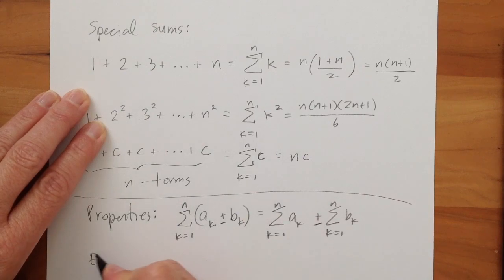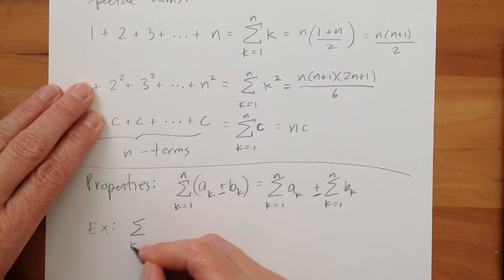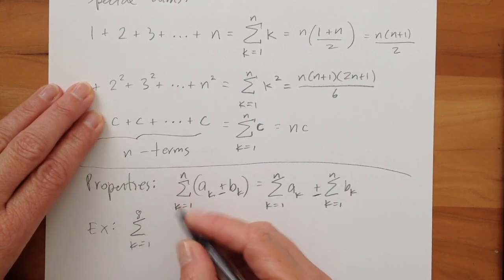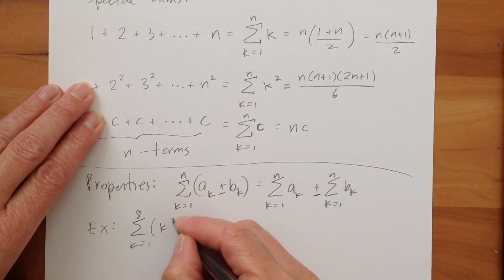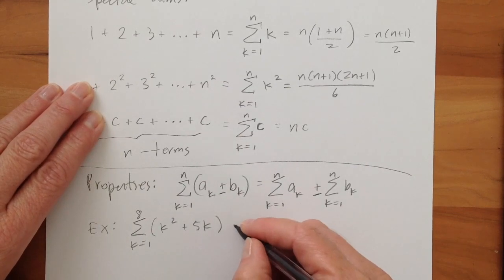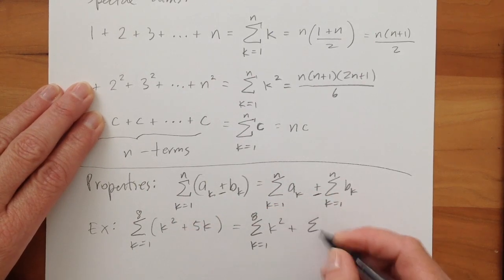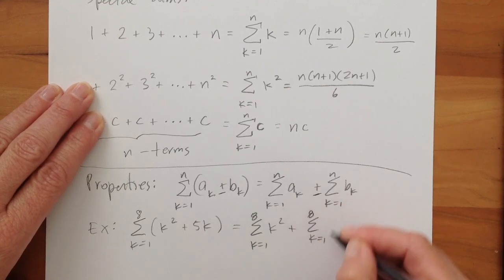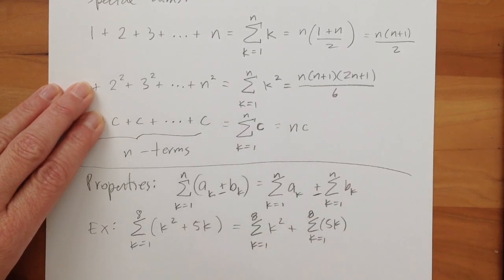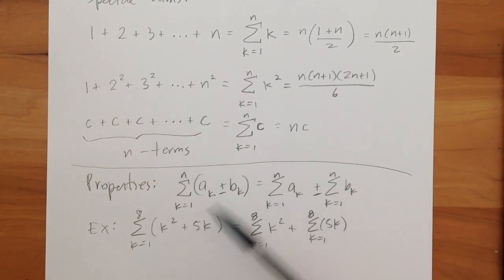For example, the sum as k goes from 1 to 8 of k squared plus 5k equals the sum as k goes from 1 to 8 of k squared plus the sum as k goes from 1 to 8 of 5k. That's just because of the way properties of finite sums work. We can change the order in which we add terms.